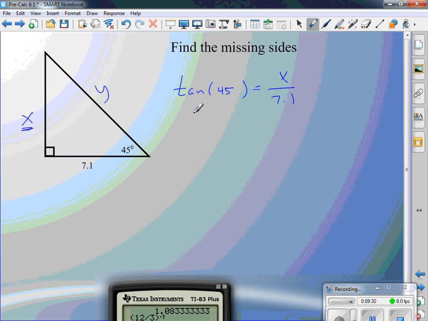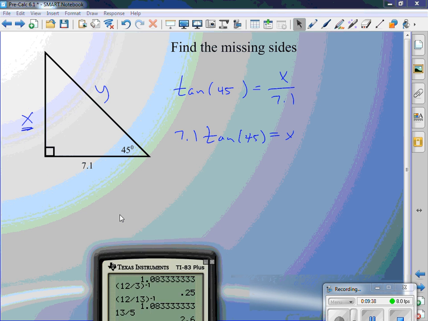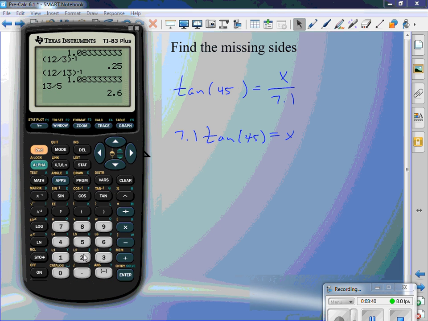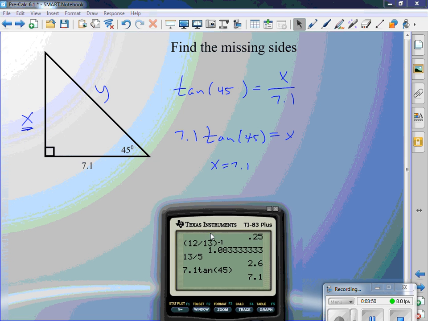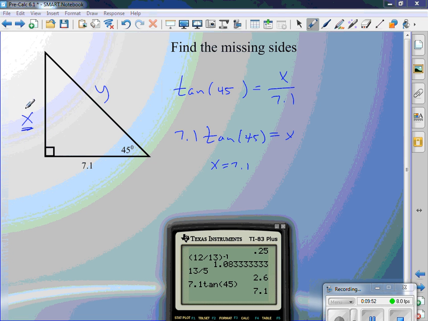Multiply by 7.1. So 7.1 times the tangent of 45 is what x is. So 7.1 tangent 45. 7.1. Yep, tangent of 45 is 1.